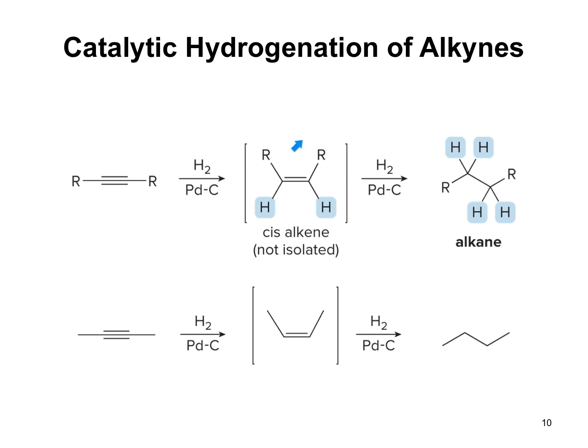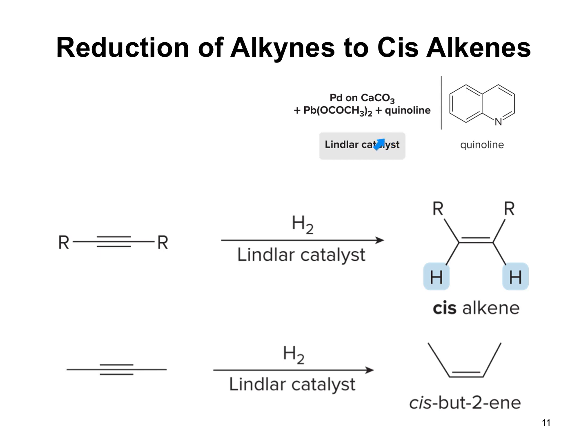Now, to stop this synthesis at the alkene, you need to use a less active catalyst. The less active catalyst that is typically used is something called the Lindlar catalyst here. So palladium metal is just too reactive to stop at that alkene level.